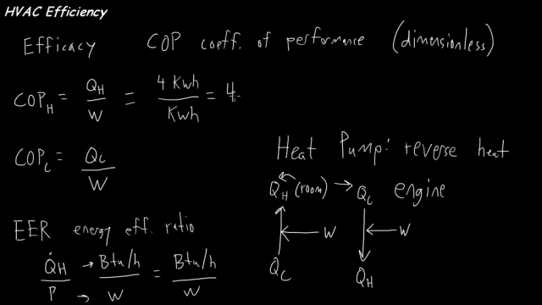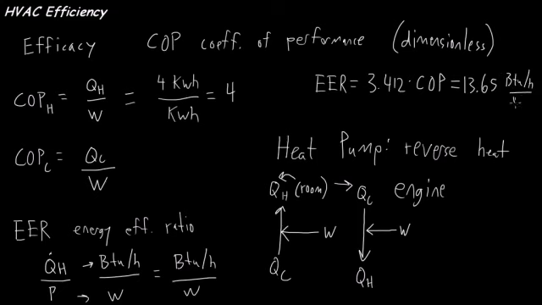If I have a COP of 4 and I want to convert it to an EER, I just multiply by 3.4. So EER is equal to 3.412 times COP. If I have a COP of 4 here, I get an EER of about 13.65 BTU per hour per watt. Remember, my COP, no units, EER, BTUs per hour per watt.